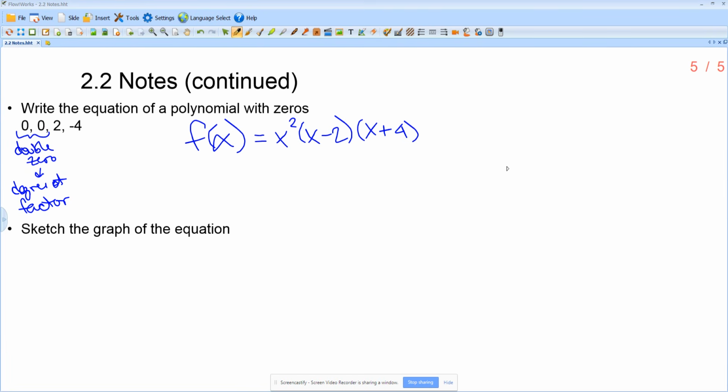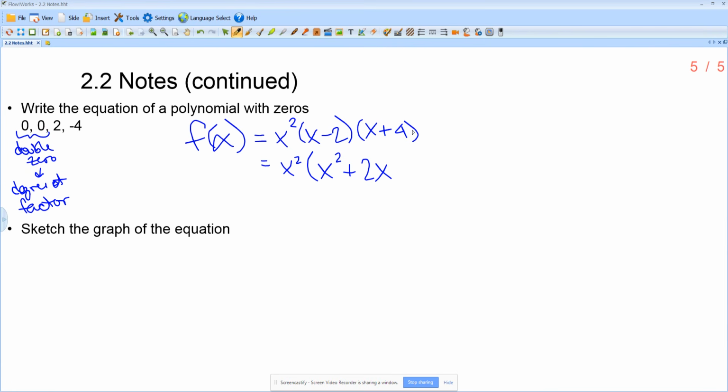While not particularly required, I'm just going to multiply it out for fun just to show you. Good skill building. If I multiply this, I do x times x, which is x squared. Negative 2 times x and 4 times x. So negative 2 times x gives me negative 2x and positive 4x. When I combine those, I get a positive 2x.